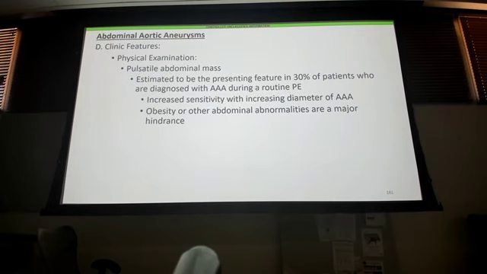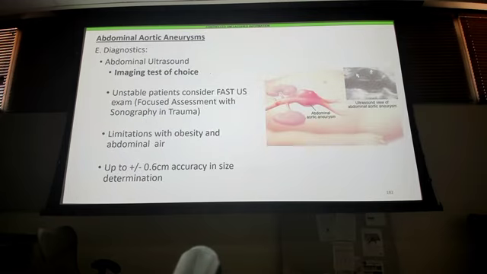On exam, you may appreciate a pulsatile abdominal mass, but this is not something that you should rely on because it's all going to depend on body habitus of the patient, your ability to detect it, and everything like that.